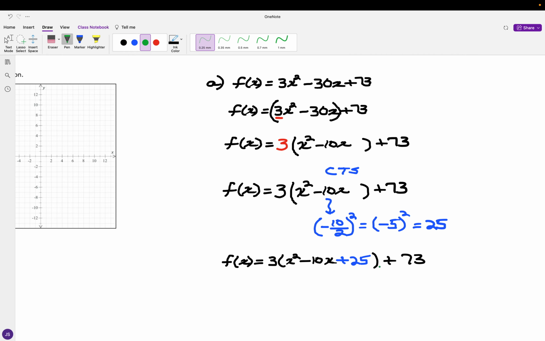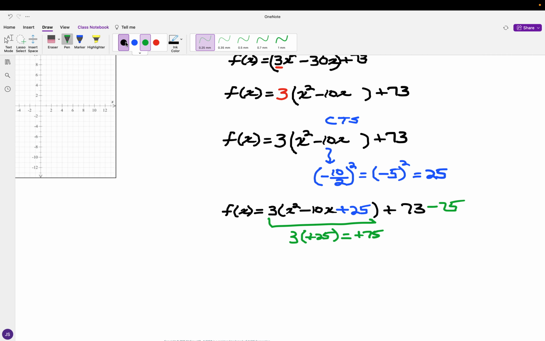So by adding 25 to complete the square, what I'm actually doing in the overall picture is that at the front, I'm adding not 25 but 3 times 25. So I'm creating a surplus of 75, and I'm going to balance this out by taking away the same amount.